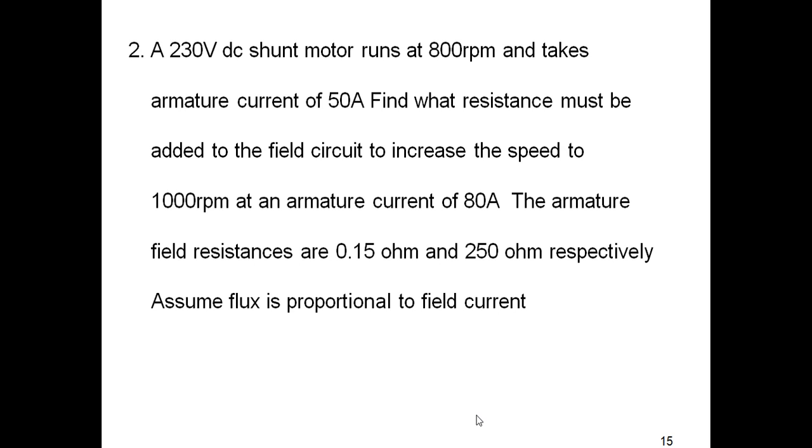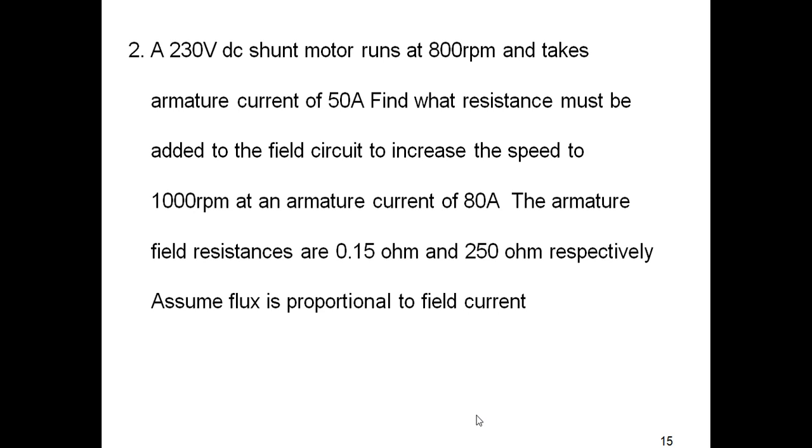Now let us see the next problem. A 230 volt DC shunt motor runs at 800 RPM and takes an armature current of 50 amperes.